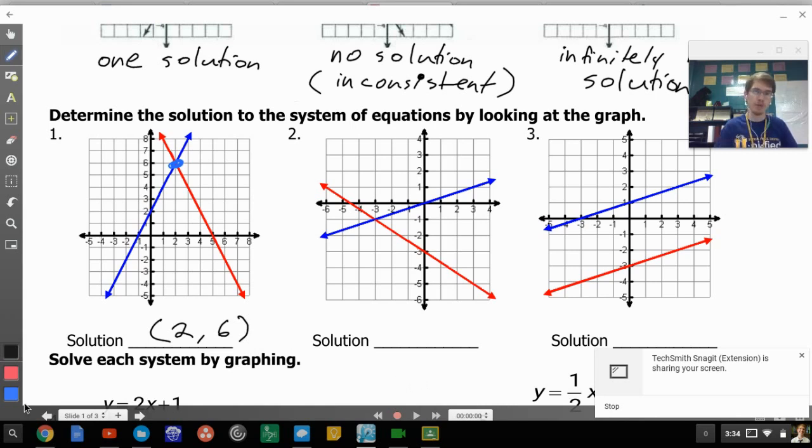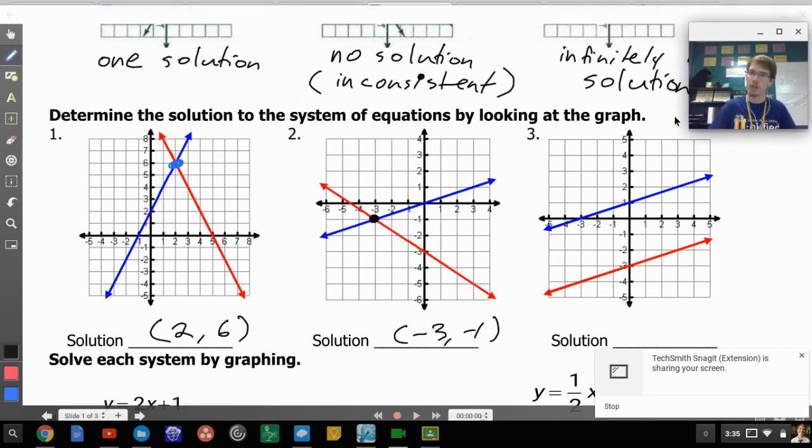Number 2, the solution is over here at (-3, -1). Number 3, I don't see a place where these two intersect, and in fact, they are not going to. So this one is no solution.